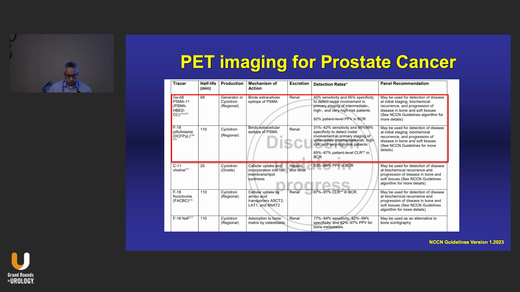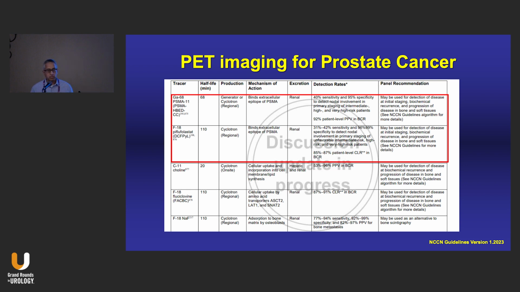One of the key points here is that only the 2 PSMA-based agents are FDA approved for initial staging of prostate cancer as well as recurrence of disease. While fluciclovine as well as C11 choline are really for recurrent disease, and then sodium fluoride is really for equivocal bone scans trying to better characterize the nature.